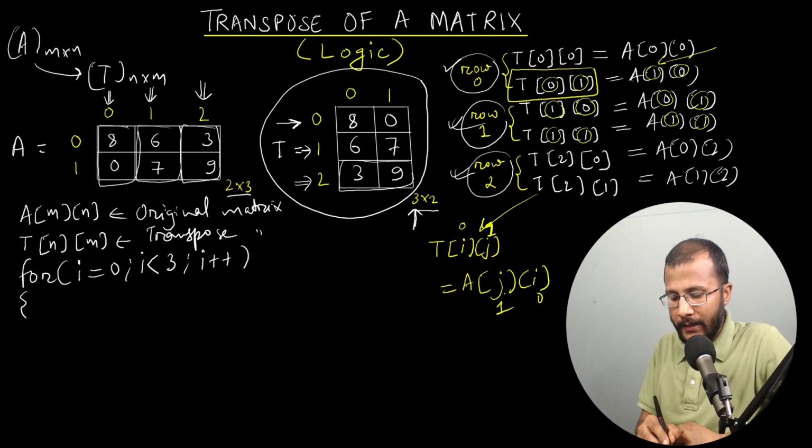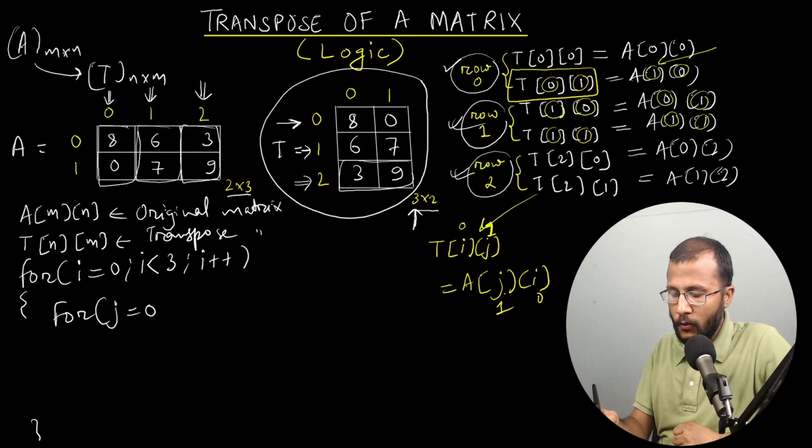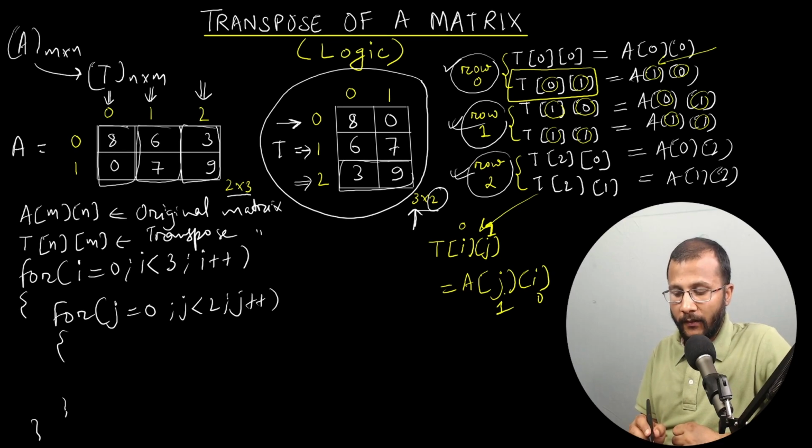Now I'll have an inner loop for taking care of the columns. J starts from 0 and goes up to less than 2, since the number of columns is 2, J plus plus. This is the inner loop that will take care of the columns.